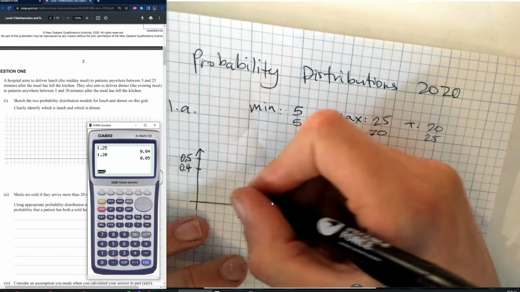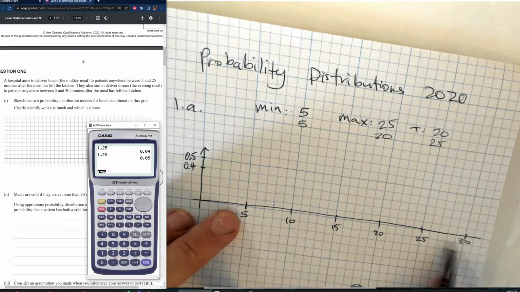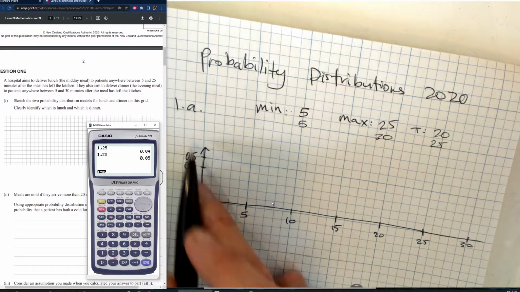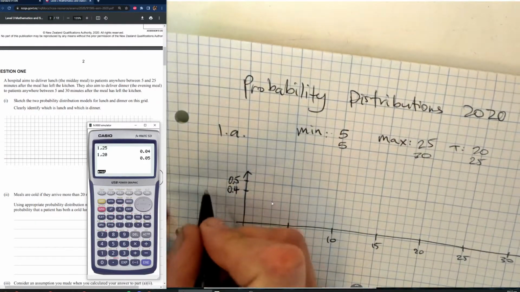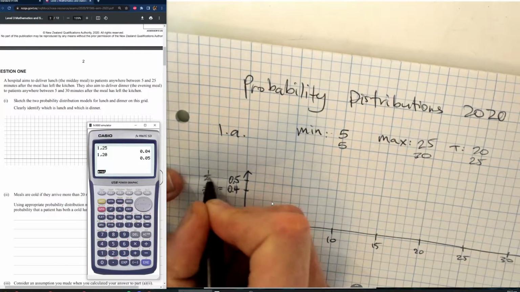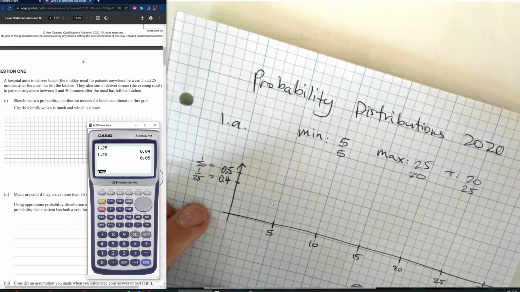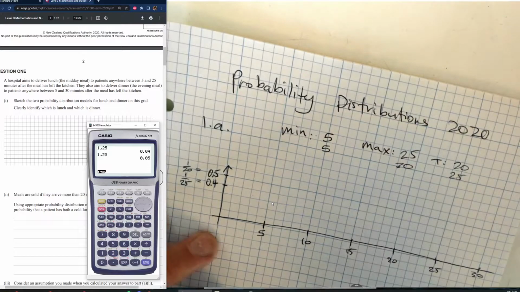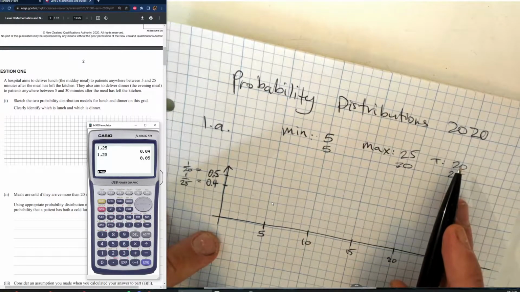So the one that is longer, right, so it goes from 5 to 30, which has a range of 25, it means its height is going to be 1 over 25. So maybe I should actually write that over here, 1 over 25, and then this is 1 over 20, just so I know which one. So let's do this first one first. It starts at 5 and it goes to 25, and its height is 1 over 20.